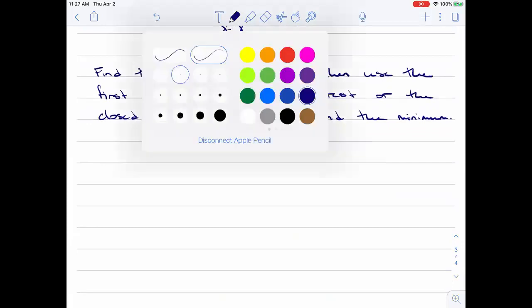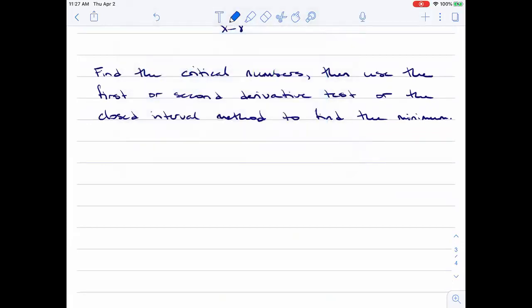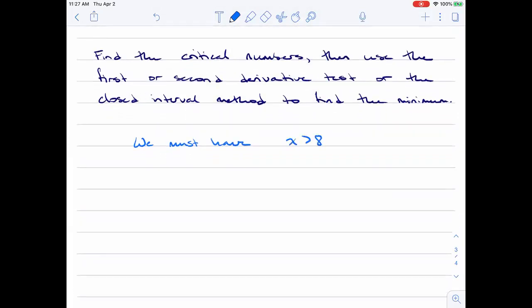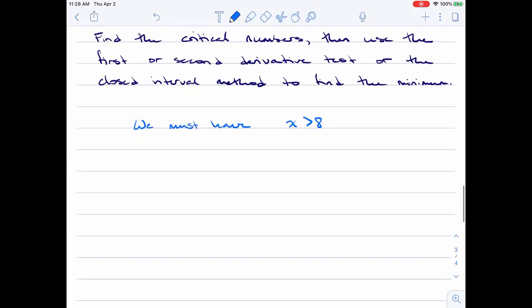So we must have x greater than 8. Should be a nice crisp greater than. So we must have x greater than 8.